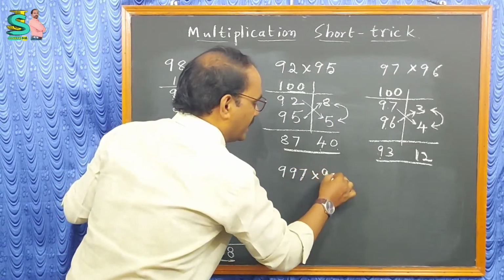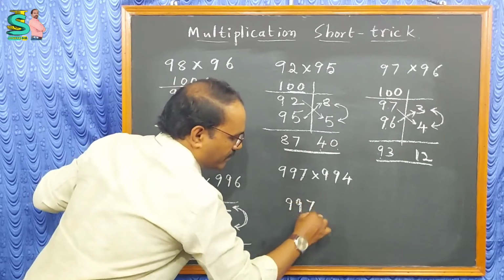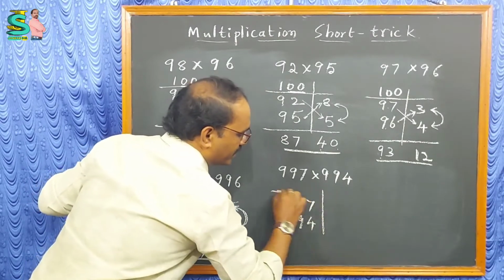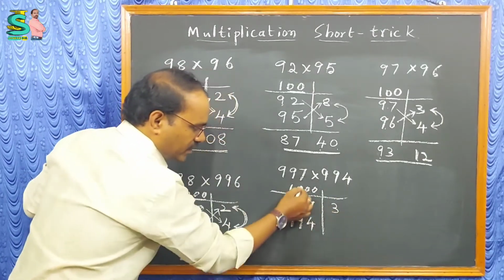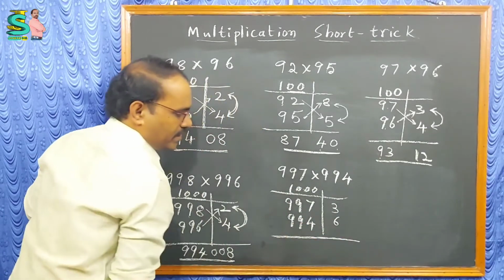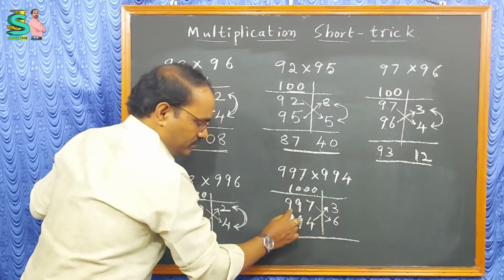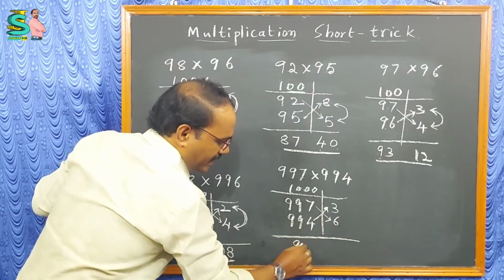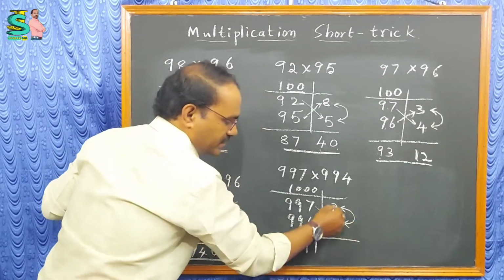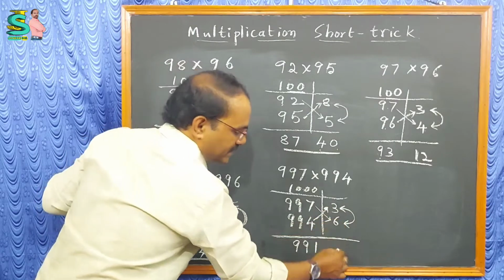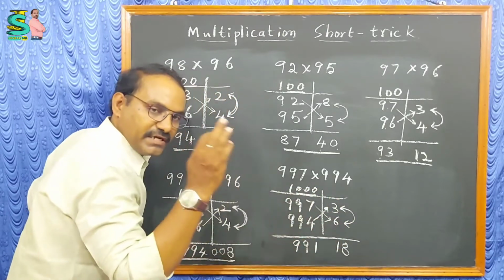997 into 994. These two are near to 1000. 1000 minus 997, 3, 1000 minus 994, 6, and do the cross subtraction. 997 minus 6, 991, or these two also 991, and then the multiplication of these two, means product. 3 6s are 18, but 3 zeros are there, that's why the product must be a 3-digit number only.